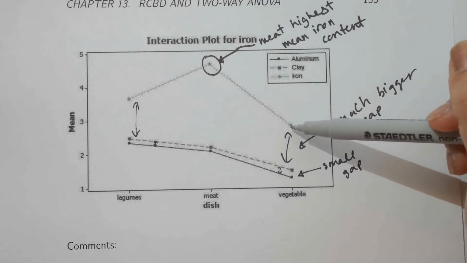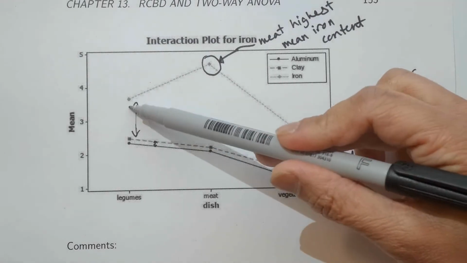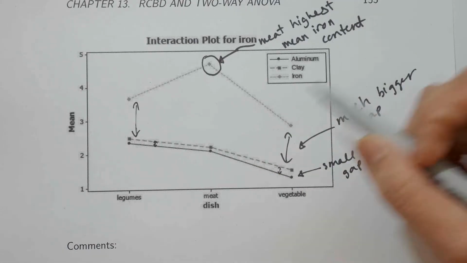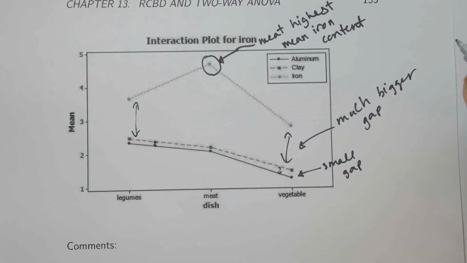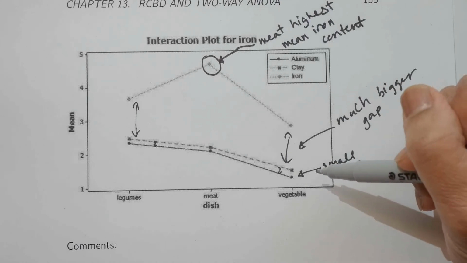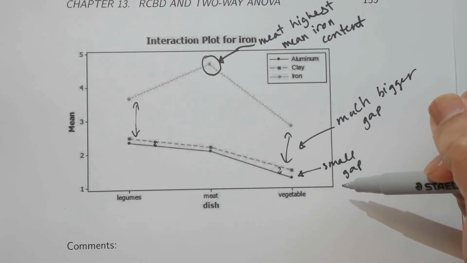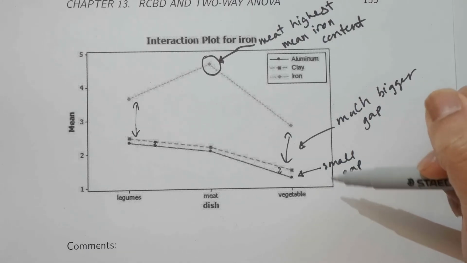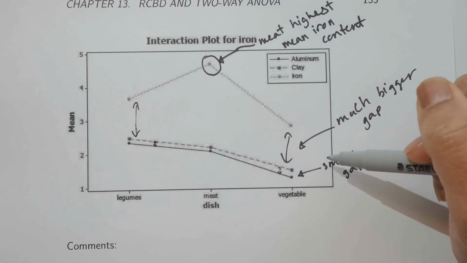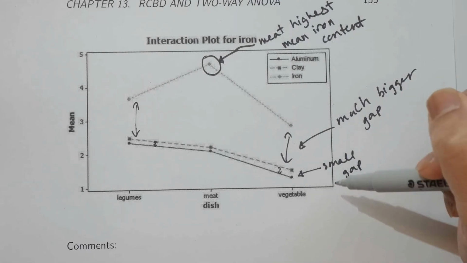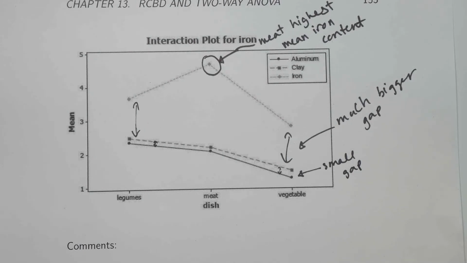The vegetable was still the lowest, but regardless, all three were much higher than the other ones. So it's very interesting to look at the interaction plot. Actually, I would have been interested to see, almost as a control, a fourth group that was just water, where you can see what's the difference in the iron content in that water.